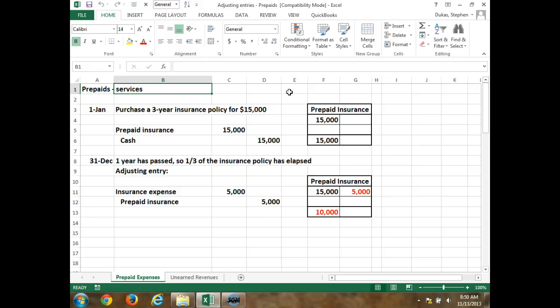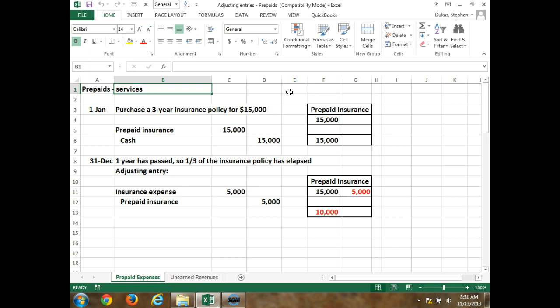The logic behind this, in other words, the reason we're not debiting insurance expense, is because we have purchased a benefit. That benefit is we get insurance coverage over a 3-year period. We should allocate the cost of that coverage over that period. When we first purchase the insurance, we haven't used any of the asset.